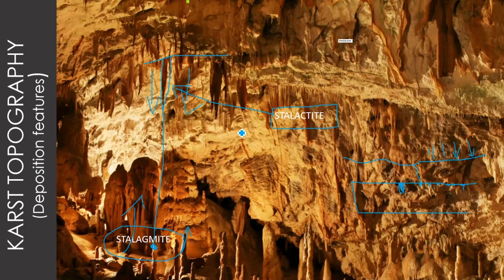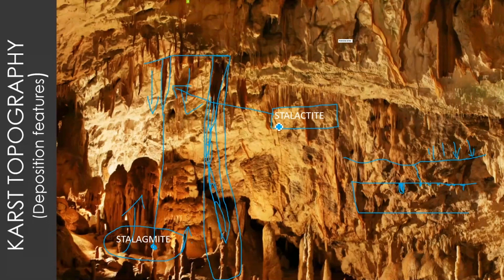And in some cases these two will grow, one from the bottom and one from the top, and at some point both will combine and form a continuous structure from top to bottom. Okay, so this we call a column.